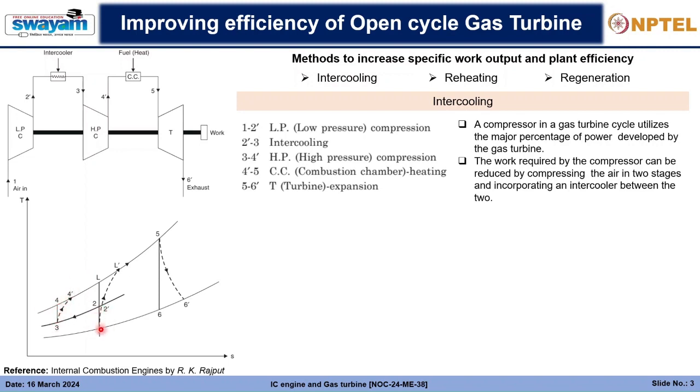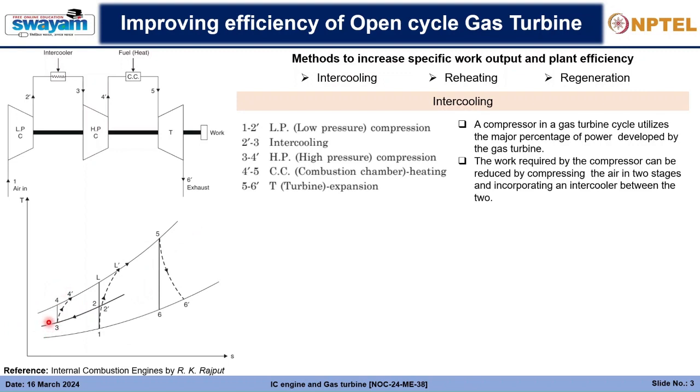There are two compression stages, and since the pressure lines are diverging to the positive entropy side, the line here has a lower slope and the line here is higher than the line here.